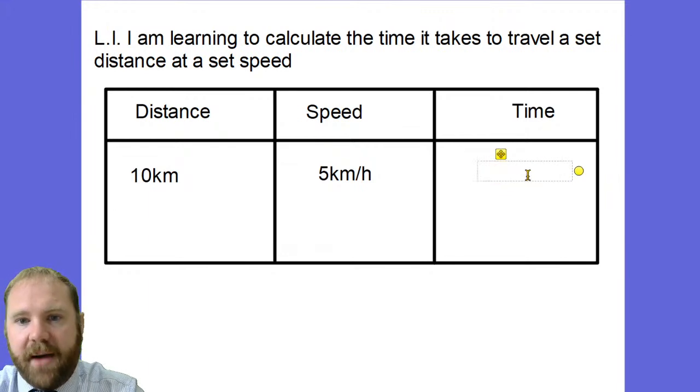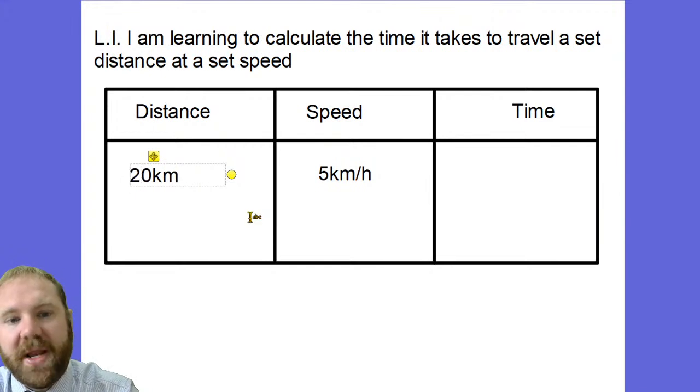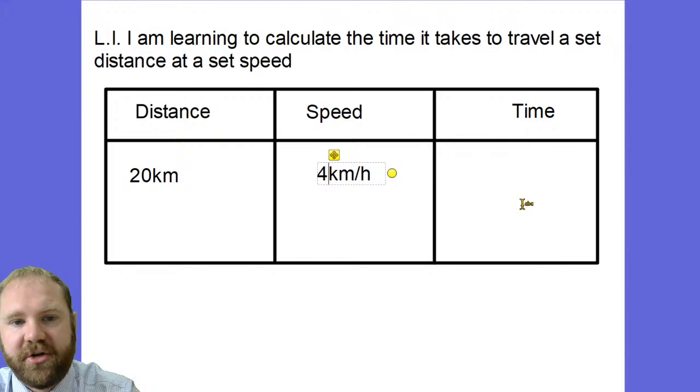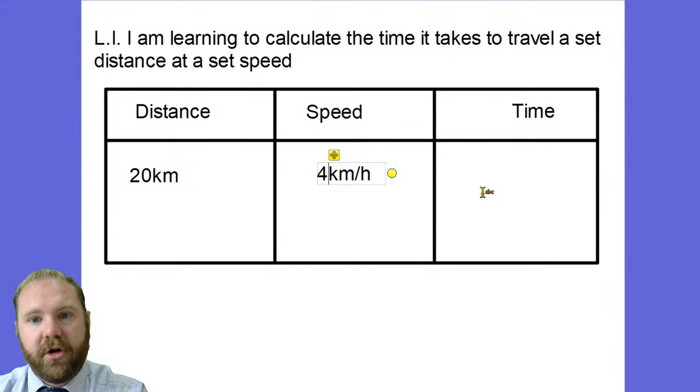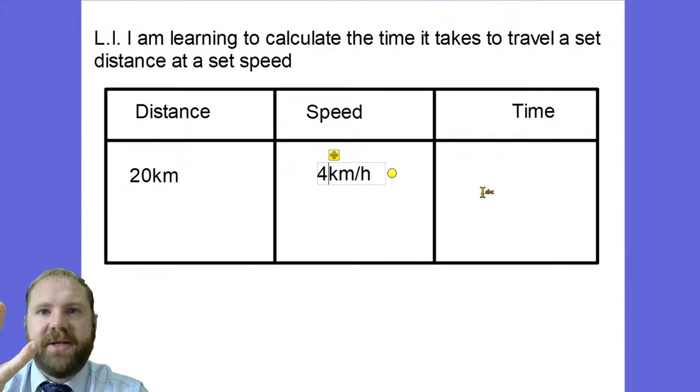Okay? Let's change this then. Let's say we're going 20 kilometers, and we're doing it at a speed of 4 kilometers an hour. Well, the first hour we go 4, second hour we go 8, third hour 12, fourth hour 16, fifth hour 20.